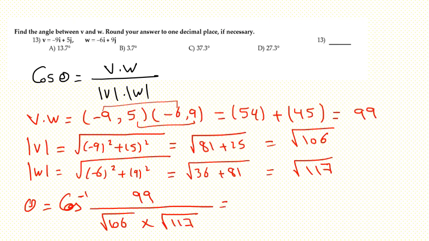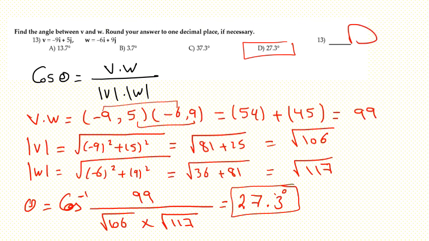By using my calculator, inverse cosine of 99 divided by the root of 106 multiplied by the root of 117 is equal to 27.3 degrees. So the right answer is D.